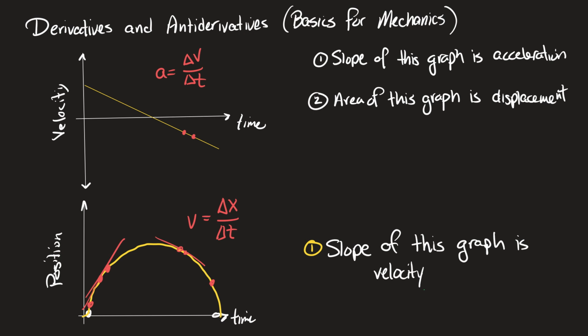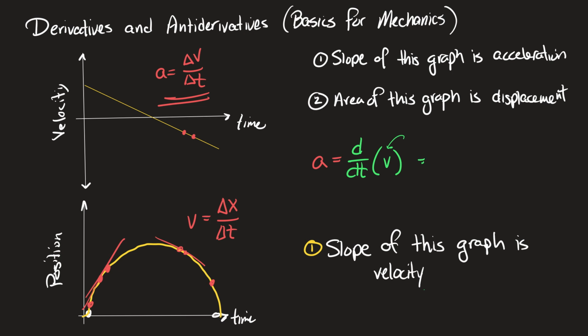So if I know that acceleration is the slope of the velocity, then instead of taking the slope using rise over run, I'm going to transform this and write it as d/dt of the velocity. This is saying I'm going to find an expression for all the slopes of the velocity function. That's what taking the derivative will do.